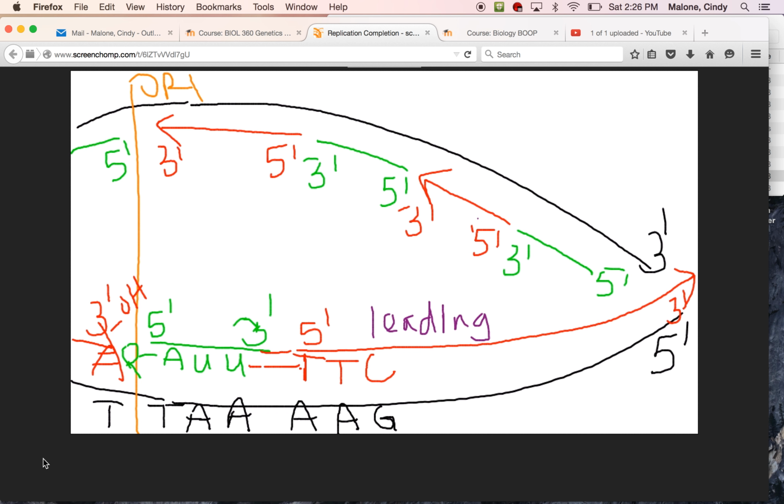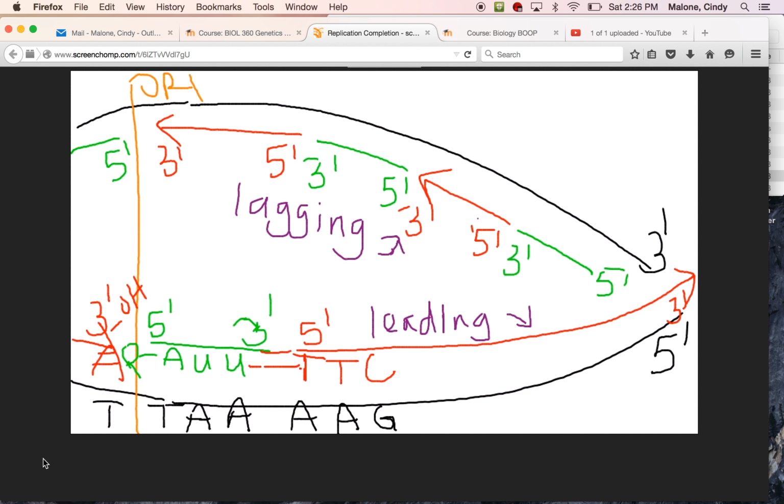And then this other strand will be the lagging strand. And you can make note that when we talk about the leading strand and the lagging strand, we're talking about the newly made strand, not the template. So we wouldn't want to label this template strand lagging. We want to label this new strand lagging and this new strand leading.